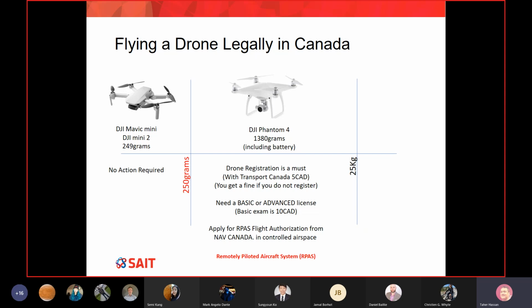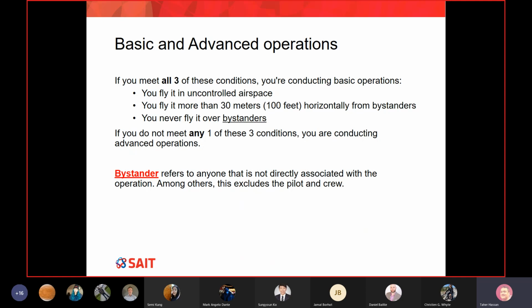Okay, now let's move on to our next slide, which tells you what basic operation means. In order for you to qualify your operation as a basic operation, you must meet three conditions. Number one is you fly in uncontrolled airspace. Here, one more time, we talked about controlled airspace, and now we're talking about uncontrolled airspace.